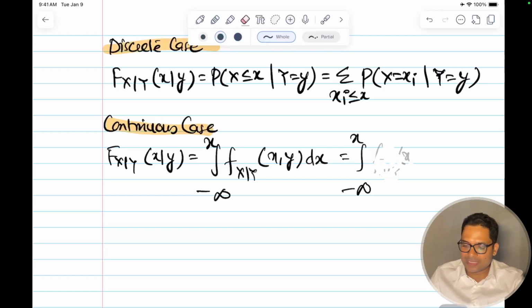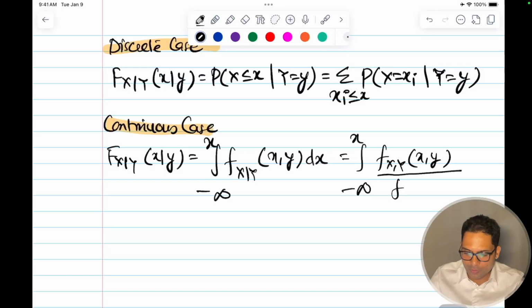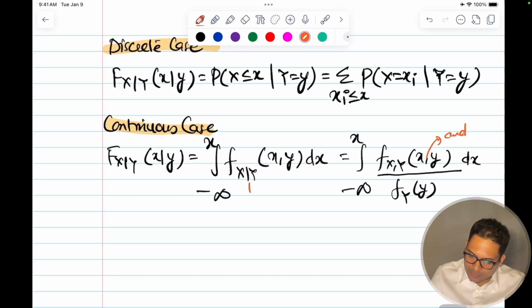Okay, so let's expand it and put the conditional value. So I'm expanding it now, right? So f of x comma y by f of y dx. So remember this comma is and this is given. Okay, let me correct this notation also.